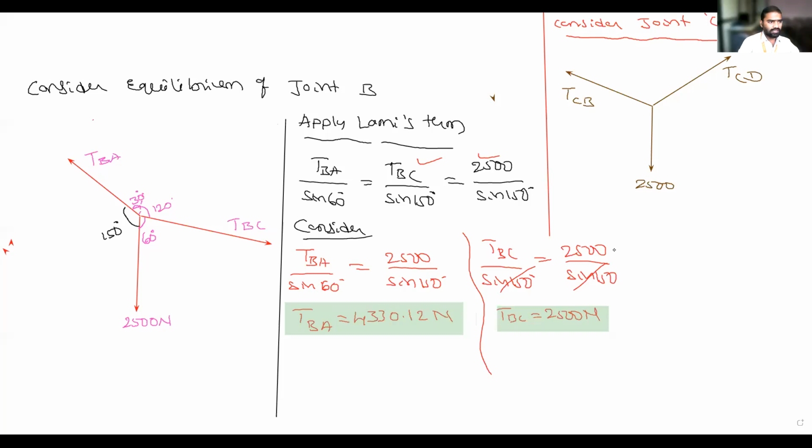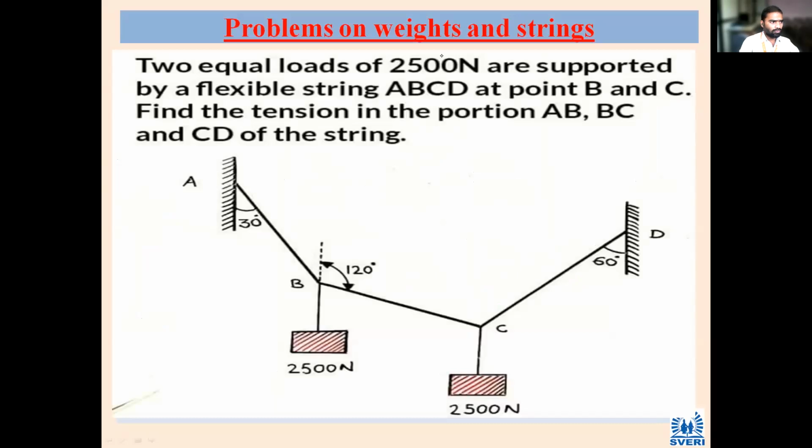In the problem, what has he given? This is 60 degrees. Is it visible now, everyone? Yes, sir. When you take this exactly vertical, what is the angle made by this one? 60 degrees. Next, can you calculate this angle? This is 120 degrees. When this is equal to 30, this is how much?